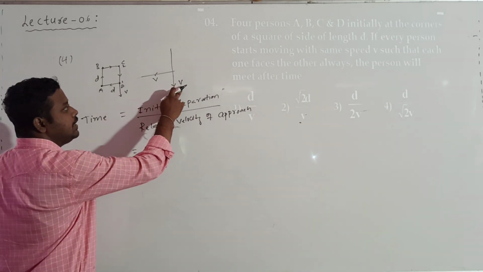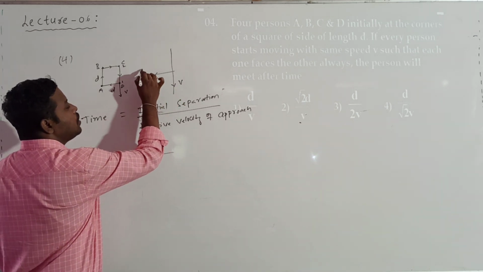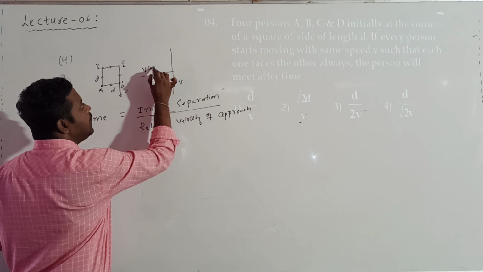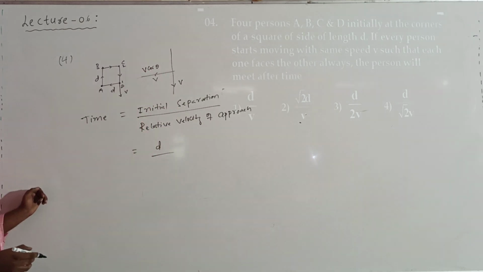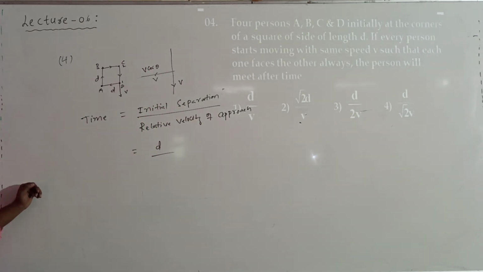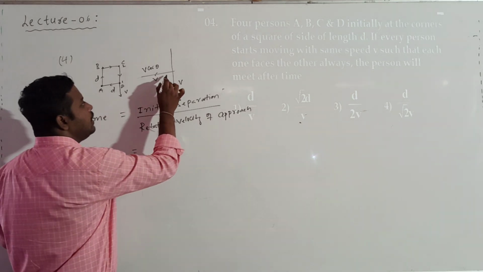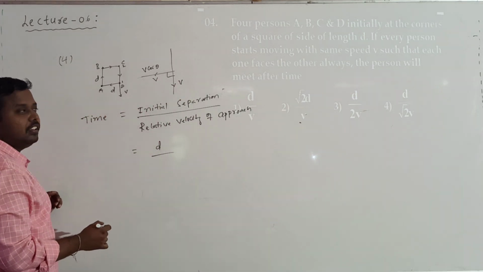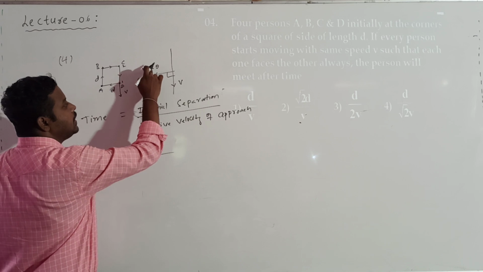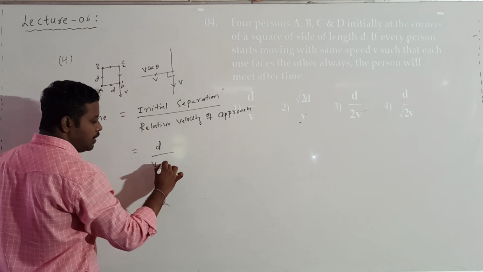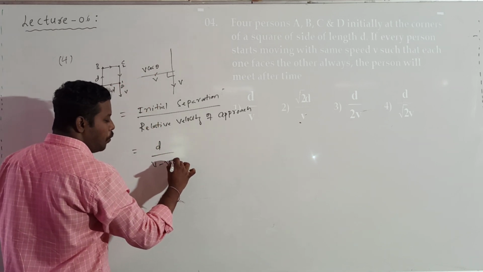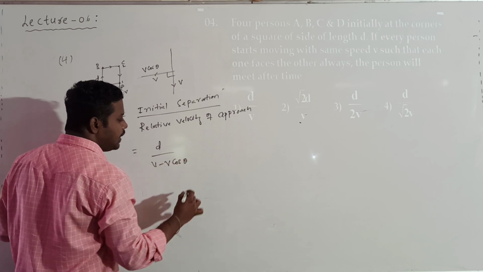Resolving the velocity into components, if it is v, this component will become v cos theta. Understood? The theta value here is 90. Now v and v cos theta are in the same direction. The relative velocity is v minus v cos theta.